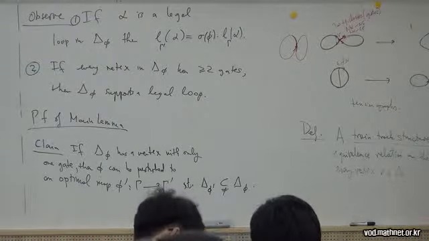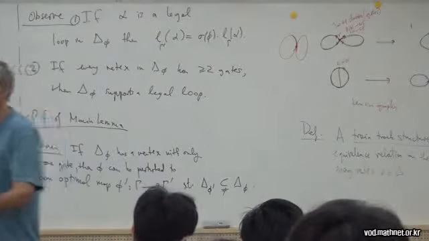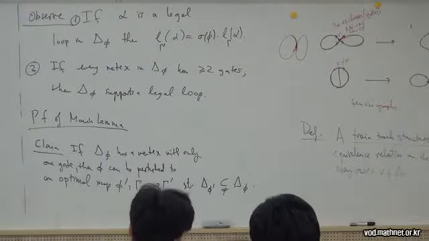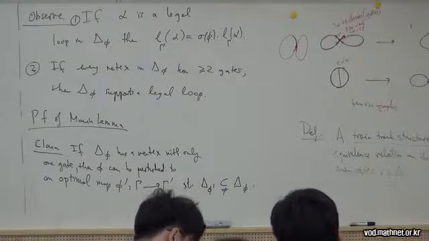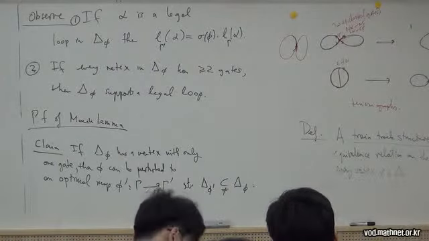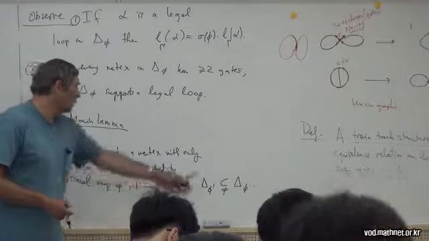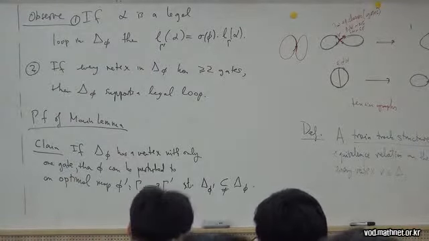So then you keep applying this claim. If you still have a vertex with one gate, you apply the claim again, and so on. Eventually, you have to get to an optimal map whose tension graph doesn't have any vertices with one gate.